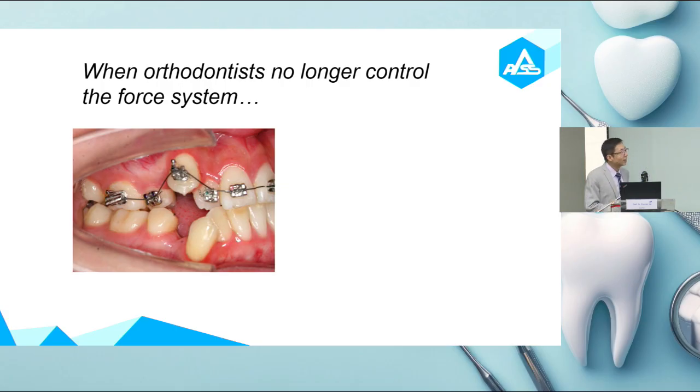Well, this is a crowding case. We use a straight nitinol wire. Now let's analyze the 2-4 system. We draw a straight line and compare the slot-wire angle. Which one is bigger?